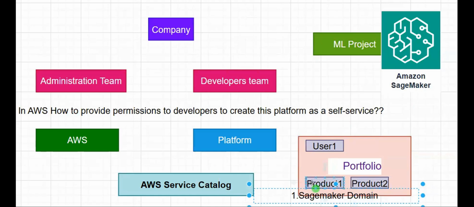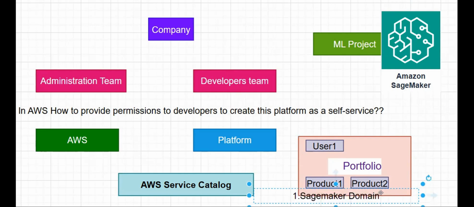In the first product, we create a SageMaker domain in order to provide access to any particular user. Then, after creating the SageMaker domain, we need to provide access to a particular user. For that, we need to create a user as well, to experiment in this SageMaker.